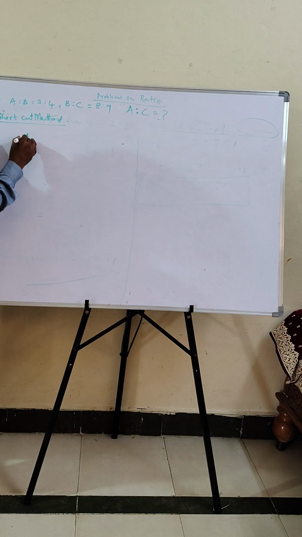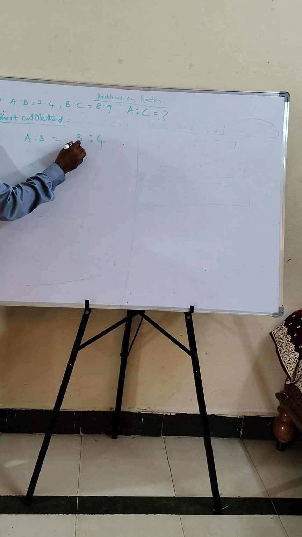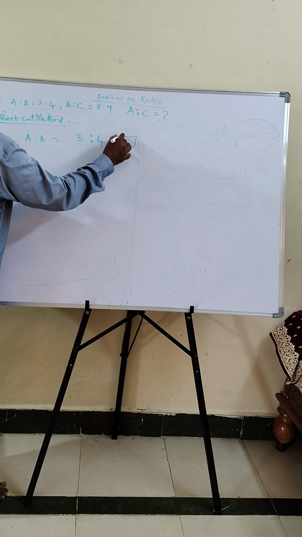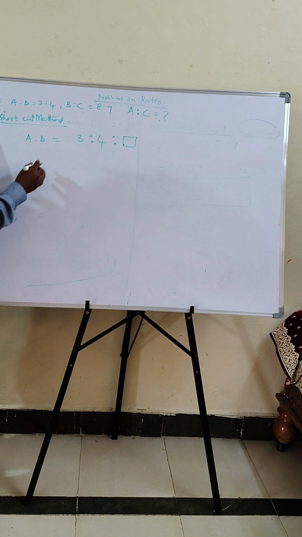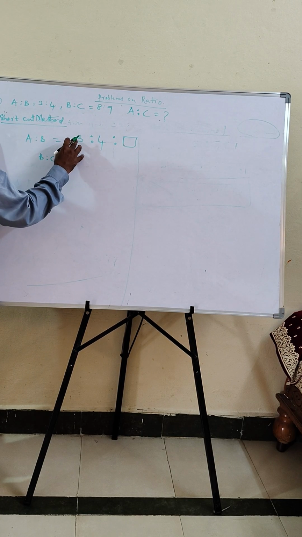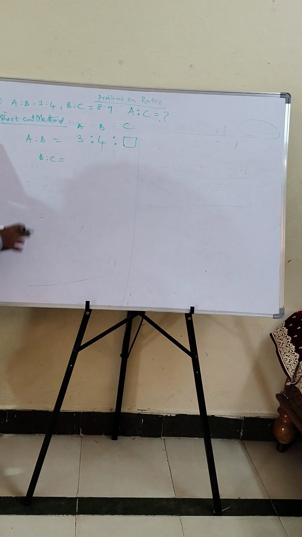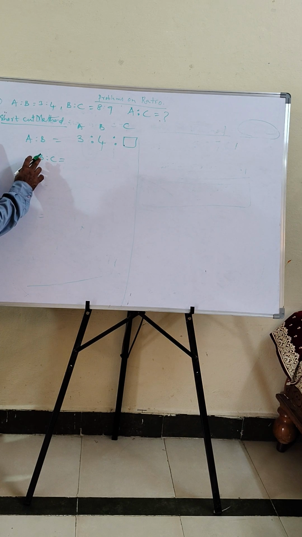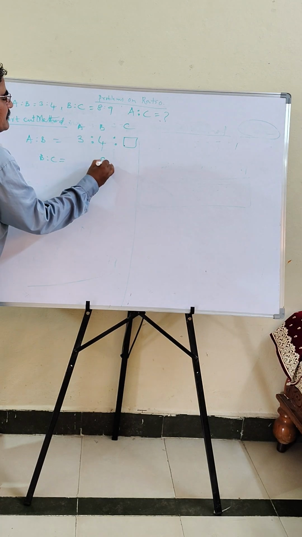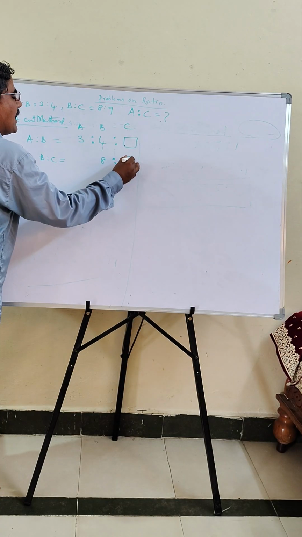Here A is to B equal to 3 is to 4. There is no C. Here B is to C, we write A, B, C. Here only we know B. In place of B, we have to put 8, and in place of C, we have to write 9.